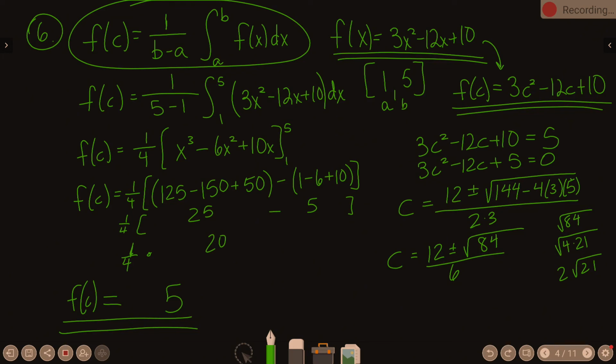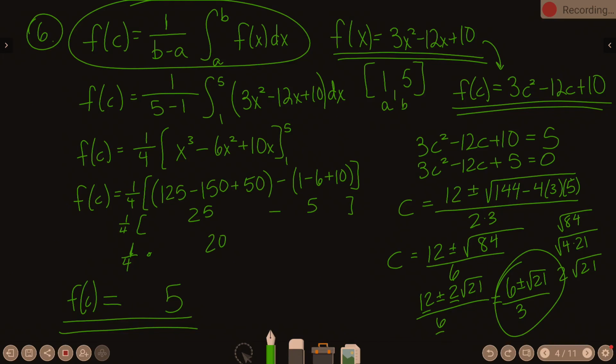So 12 plus or minus 2 square root of 21 over 6. That's where I did a little bit more reducing, because 12, 2, and 6 all divide by 2. So if I divide those all by 2, I have 6 plus or minus the square root of 21, all divided by 3. I'm going to circle that because it's getting lost in everything else.